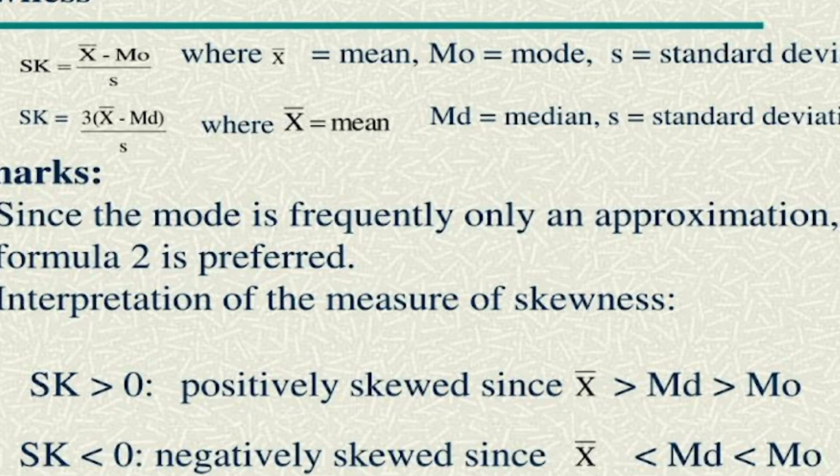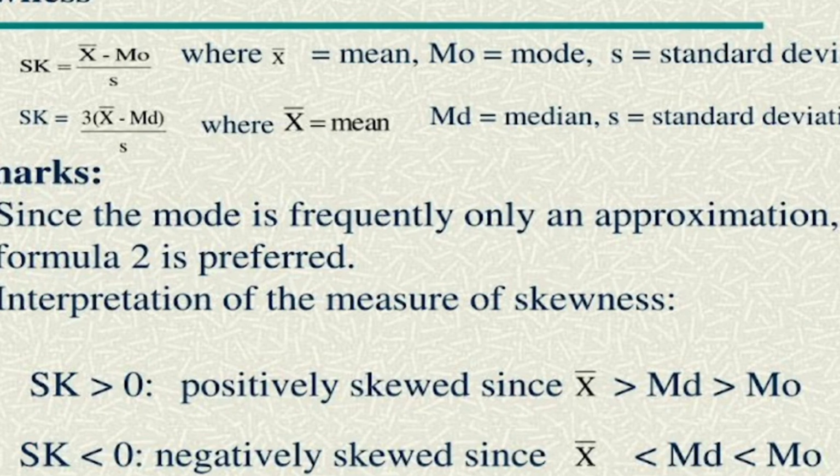Take note, since the mode is frequently only an approximation, formula 2 is preferred. In interpretation of the measure of skewness, if skewness is greater than 0, it is positively skewed. If the skewness is less than 0, it is negative.